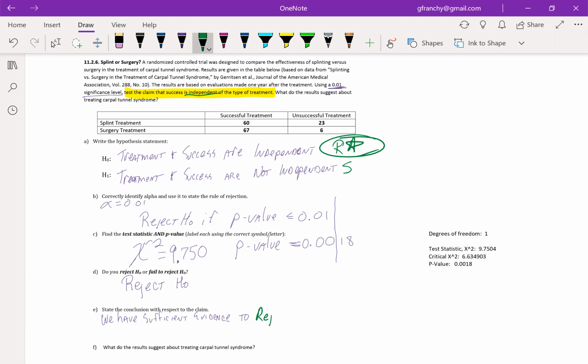R is for reject the claim that success is independent of the type of treatment.